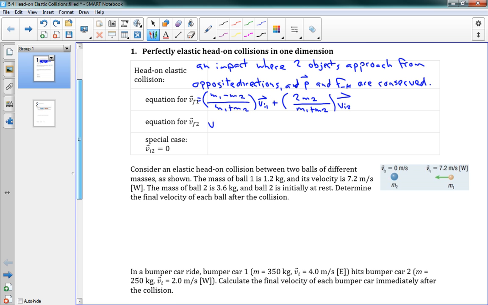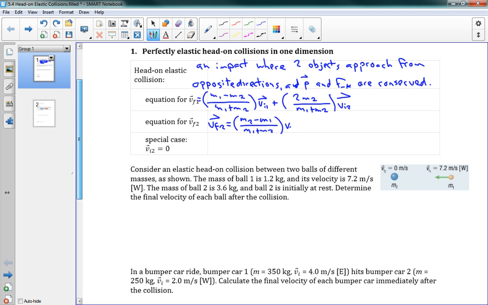And then we have VF2 is equal to the same basic idea, but you'll see that all our numbers are reversed. So it's the exact same as the previous line, but all the 1's become 2's and all the 2's become 1's. So you'll see it's (M2 minus M1) over (M1 plus M2). That bottom I could have written as M2 plus M1 if I wanted, but it's the same thing.